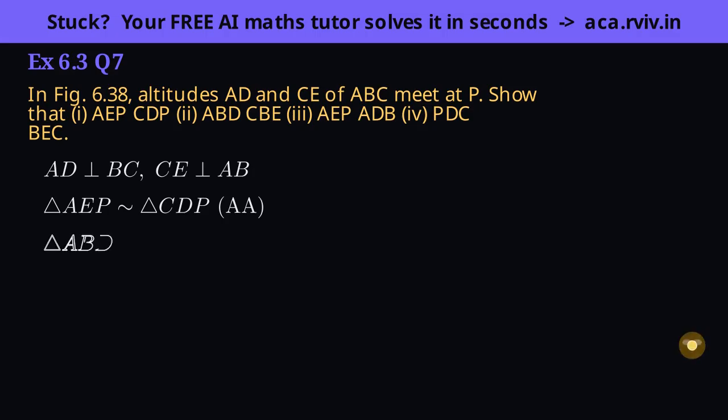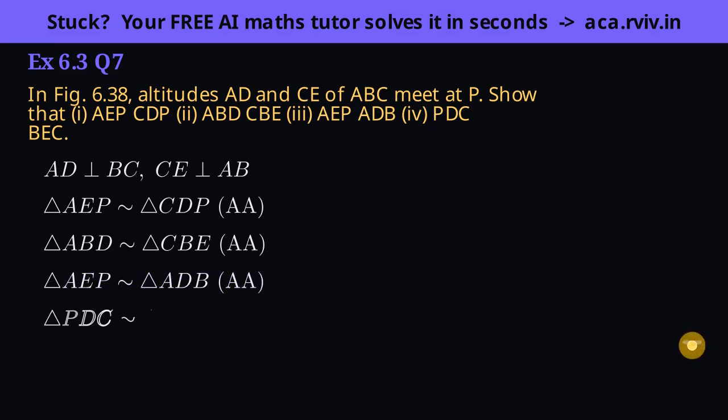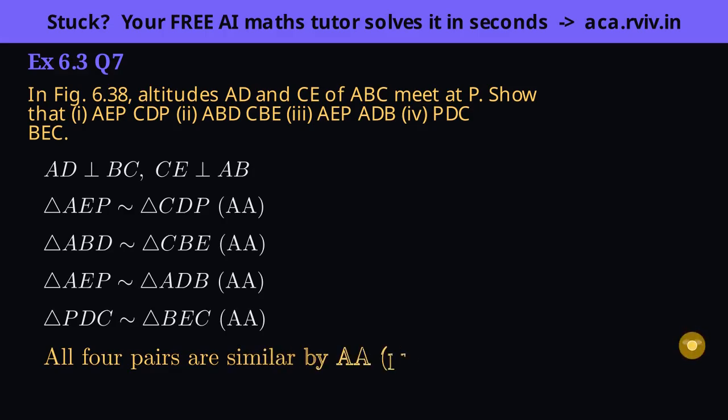Roman 2, right angles at D and E are equal, and angle B is common. Roman 3, right angles at E and D are equal, and angle A is common. Roman 4, right angles at D and E are equal, and angle C is common. Insight: altitudes plant right angles everywhere, so AA similarity keeps appearing with just one extra shared or vertical angle.